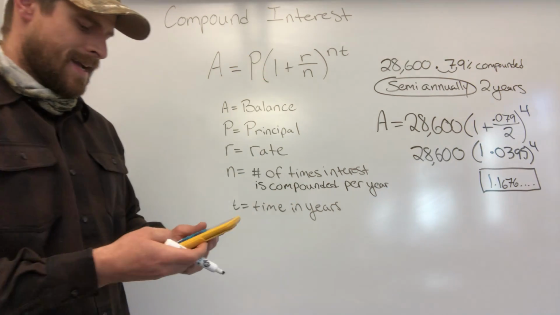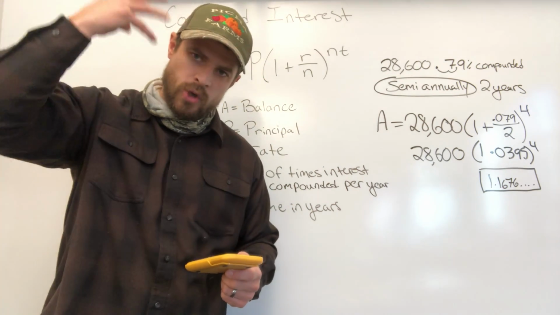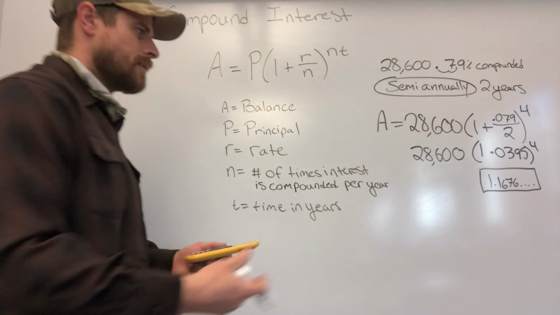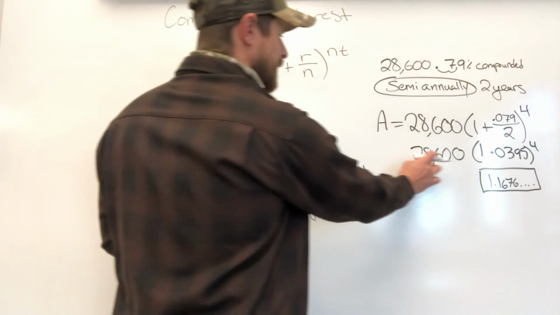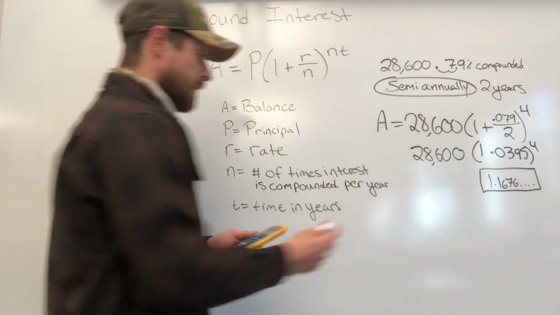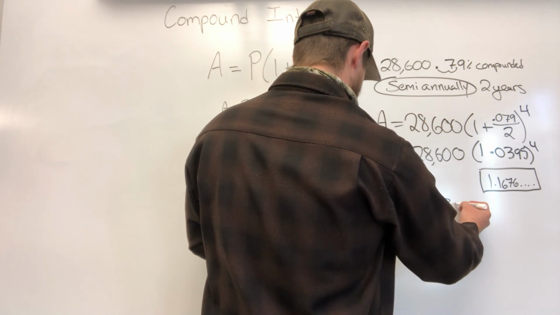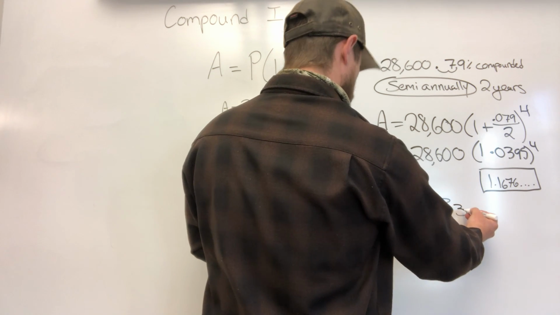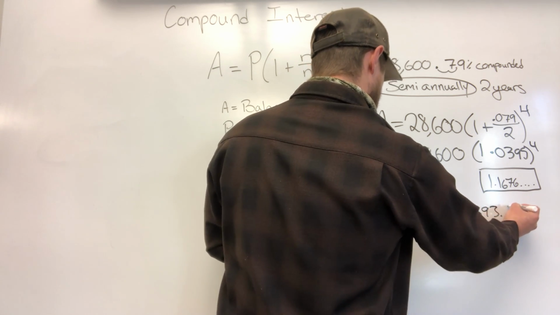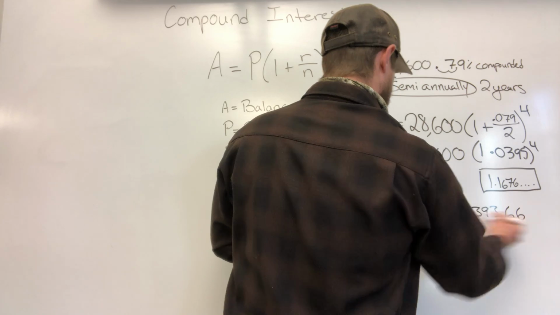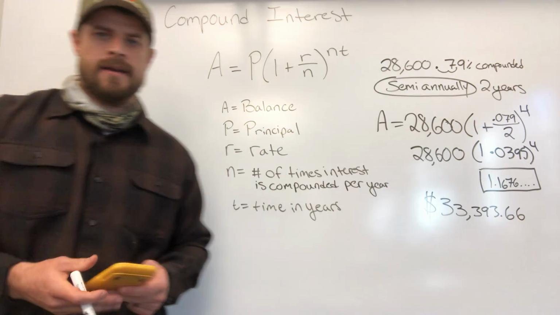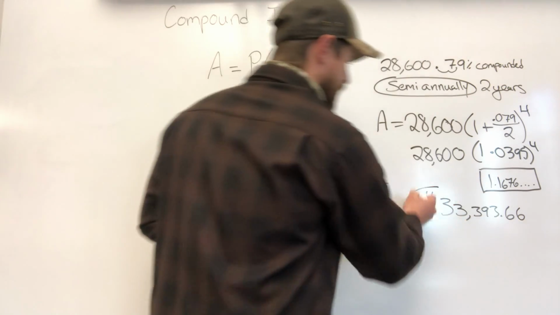And now you're just going to say times, because your calculator has a memory, it's holding that extended decimal in the calculator's brain, and we're going to say times 28,600, and what I'm left with is 33,393.66.